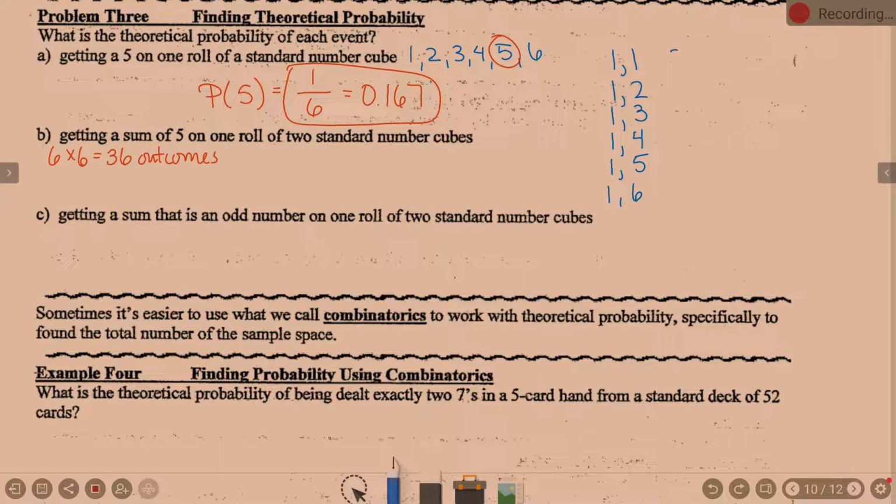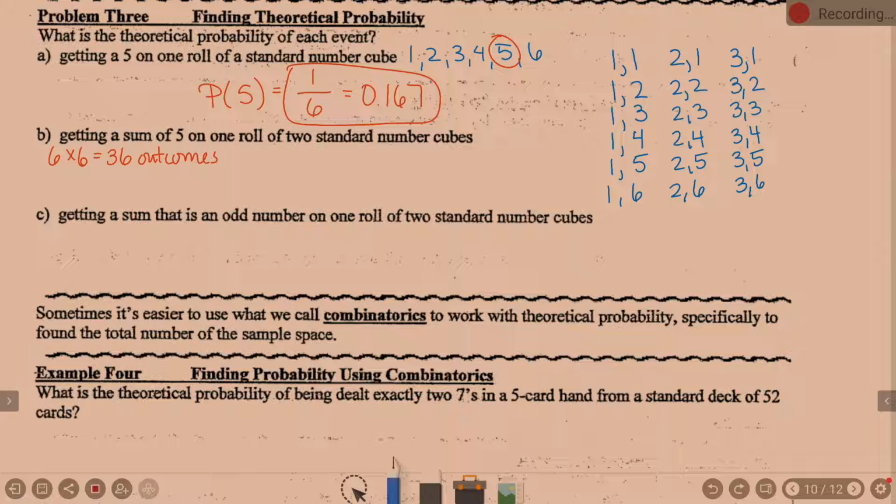What if I get a 2 on the first die? What could I get on the second die? I could get 2 and 1, 2 and 2, 2 and 3, 2 and 4, 2 and 5, 2 and 6. What if I get a 3 on the first die? 3 and 1, 3 and 2, 3 and 3, 3 and 4, 3 and 5, 3 and 6.